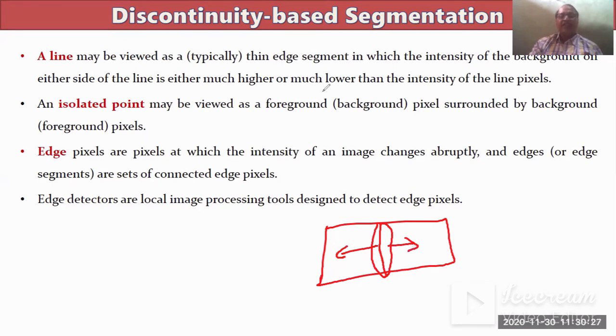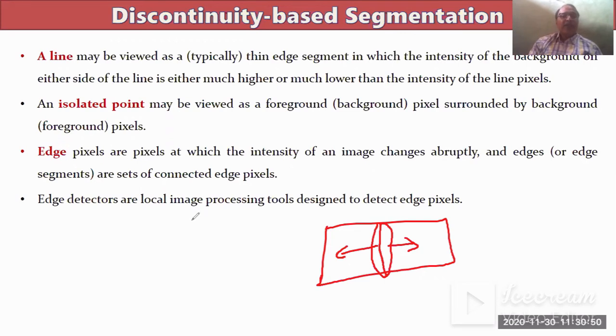It is like an edge. Okay, and in which the intensity of the background on either side, intensity on this side or this side, will be much higher or much lower than the intensity of the line. लाईन पेक्षा इंटेन्सिटी इकडची किंवा इकडची, जसं मगाशी इकडे 10 आणि इकडे 90 आहे, तर ते 10च्या पेक्षा इकडे 90 एकदम वाढली. So that will be higher intensity or lower intensity. So that is line based.